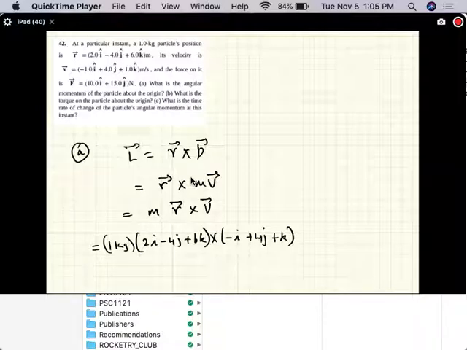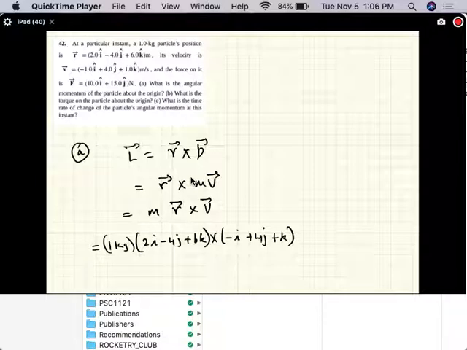The x component does not have the x component of the vectors. The y component starts off with az bx minus ax bz, plus the k component starts with ax by. So that's the definition of cross product, and that's what we'll use.